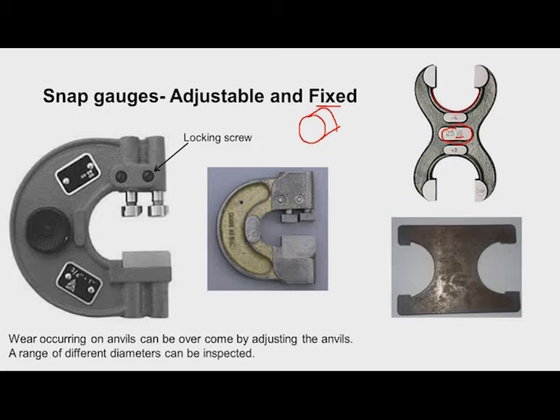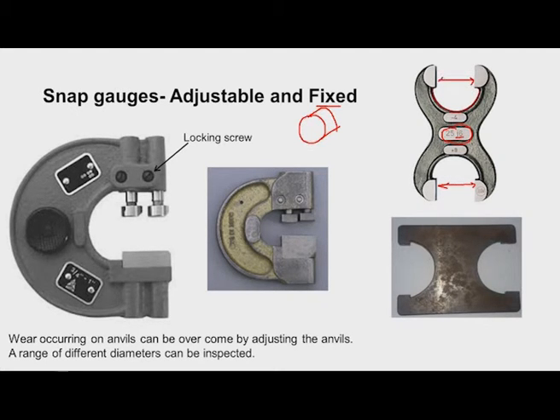The actual size is also mentioned here, minus 4 microns and plus 9 microns. So here it is 25 plus 0.009 millimeter, this is go, and this is 25 minus 0.004, so that is the no go side.